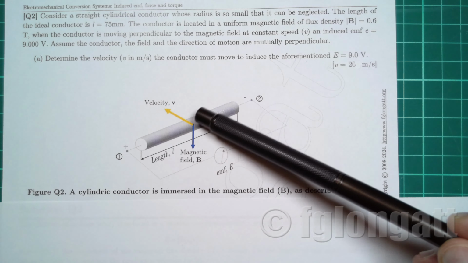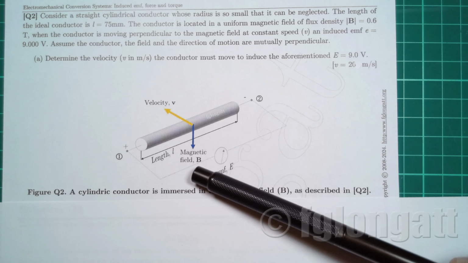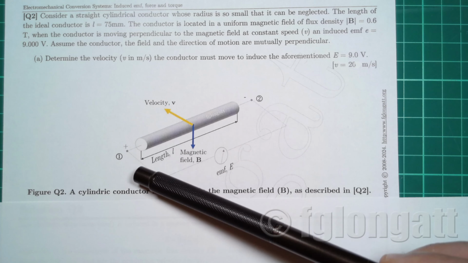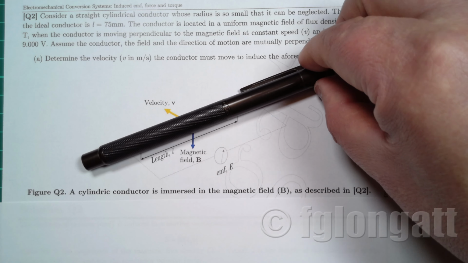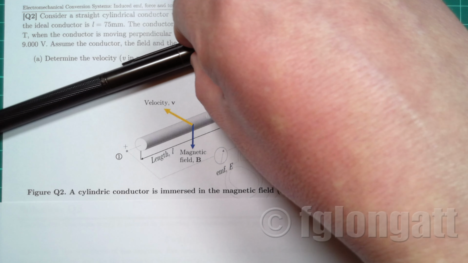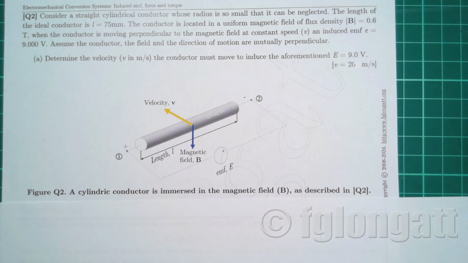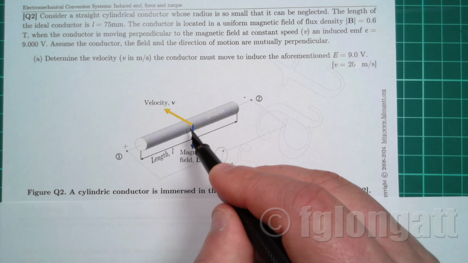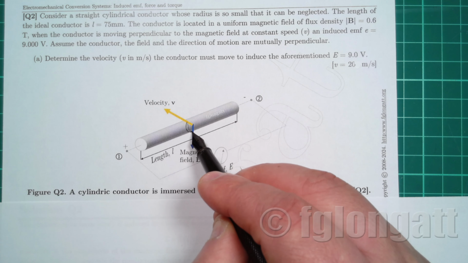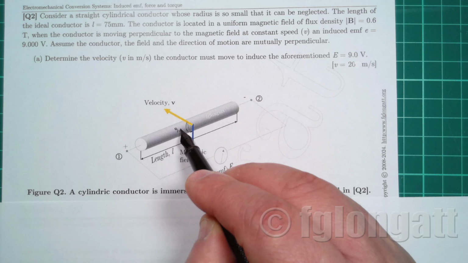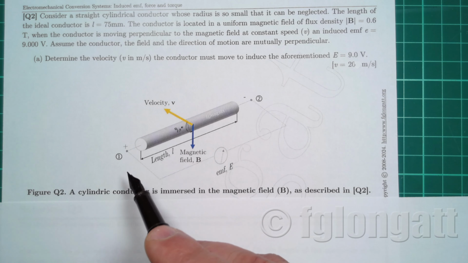You can see a blue vector going from the top to the bottom, and that is the direction of the magnetic flux density. When the conductor moves perpendicular to the magnetic field, in other words, with 90 degrees between the velocity and the magnetic flux density, there is induction.